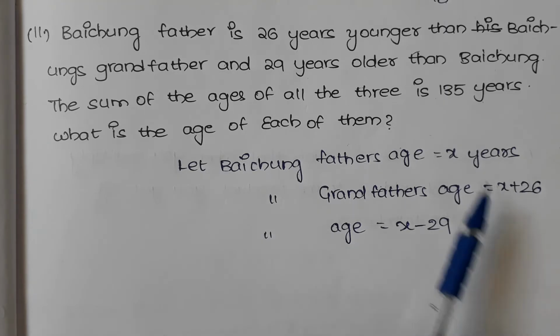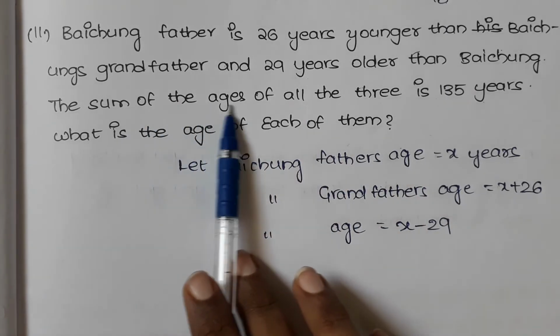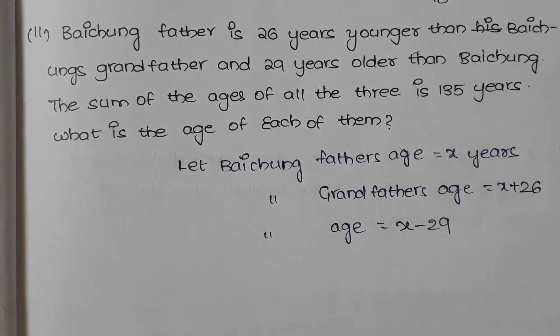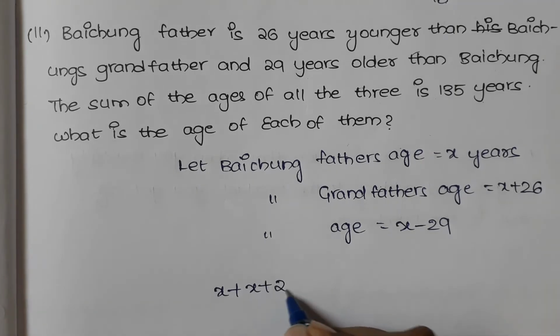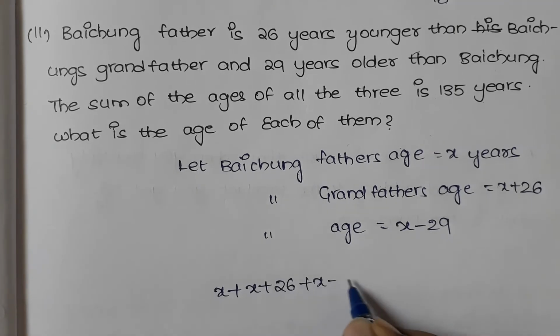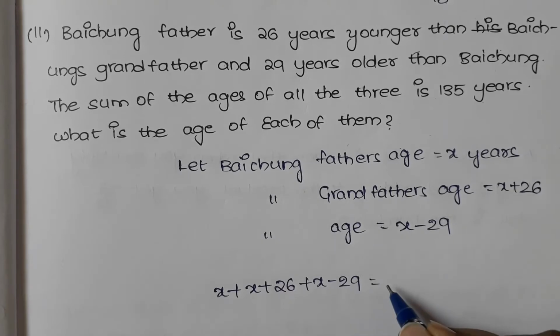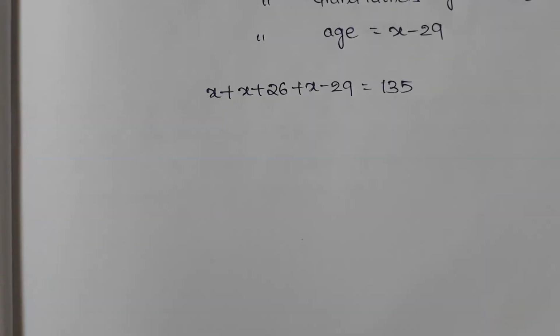And now according to the question, the sum of all the three ages is 135 years. According to that, x plus 26 plus x minus 29 equals 135.